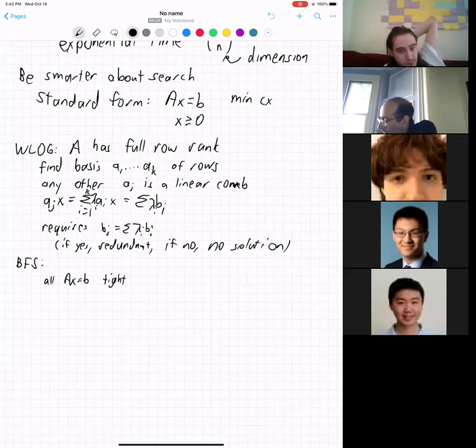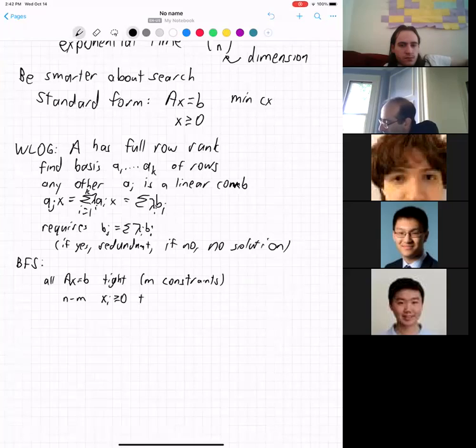At least the number of dimensions, or enough constraints are tight. And how many constraints need to be tight in total if we're working in n dimensions? If we have already these m tight constraints from Ax equals b, we need n minus m of the xi greater than or equal to 0 constraints tight. In other words, these have to satisfy xi equals 0, right?